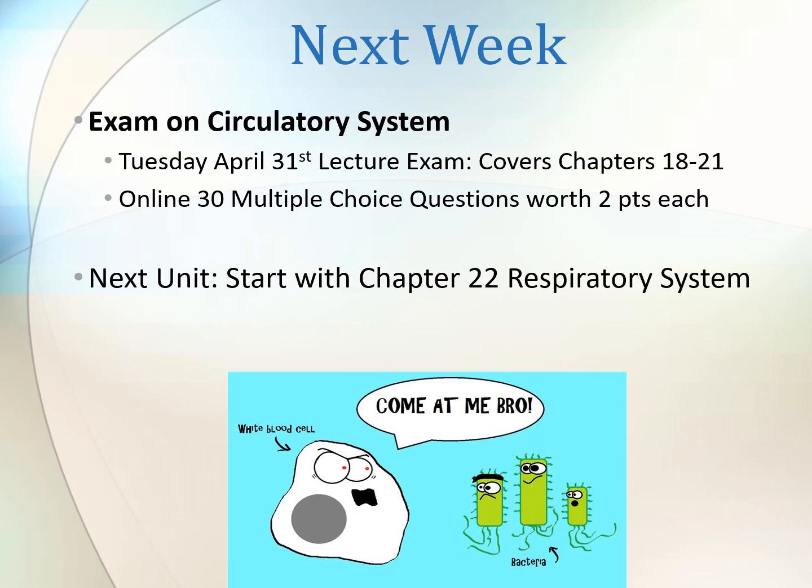It's going to be very similar to the last exam online, where we have 30 multiple choice questions. You will have an hour to take the exam, and each question will be worth 2 points, okay? And then we'll start Thursday with the next chapter, the respiratory system, for our last unit.